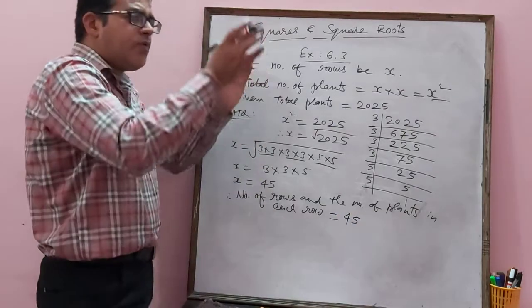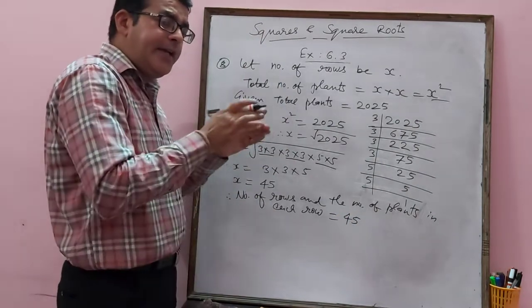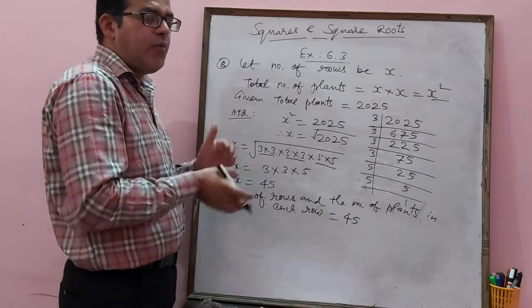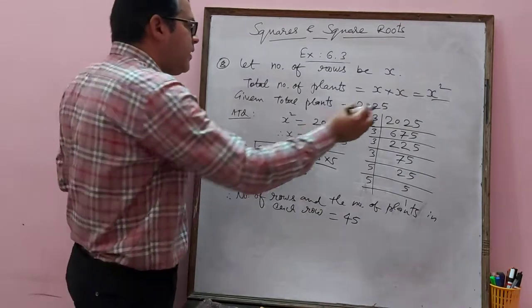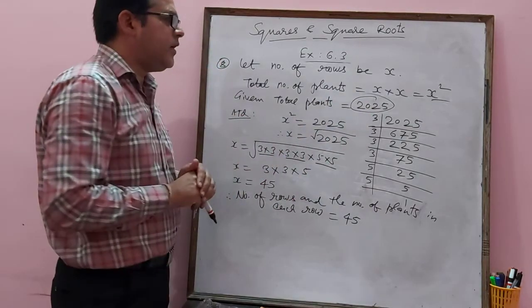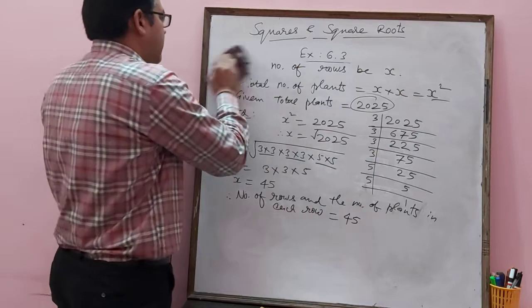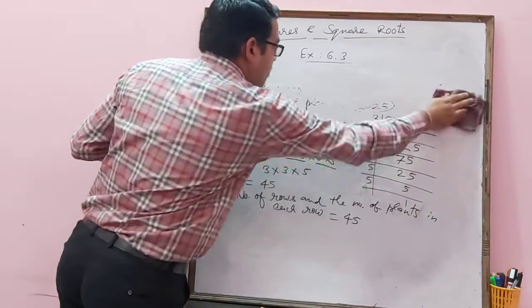It means there are 45 rows and in each row there are 45 plants also. This is very simple. And if you multiply 45 into 45, you will get this number, 2025. Right? Okay.